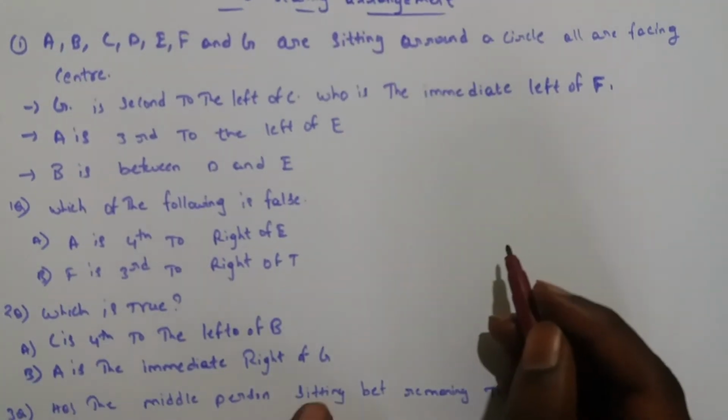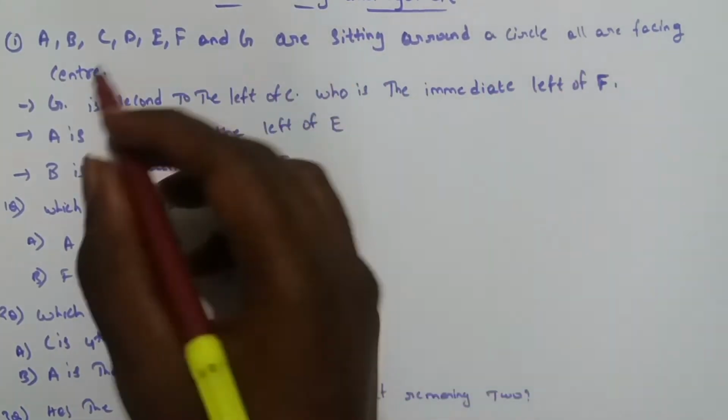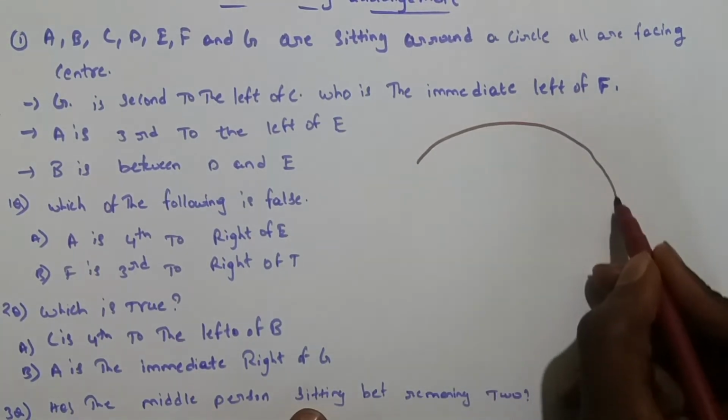See here, A, B, C, D, E, F and G are sitting around a circle and all are facing center. So let's draw a diagram here.